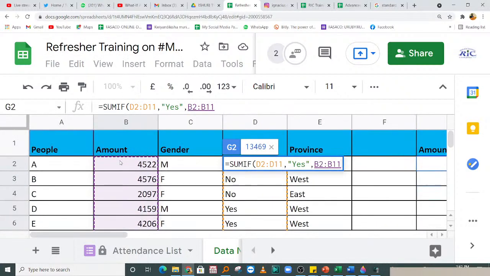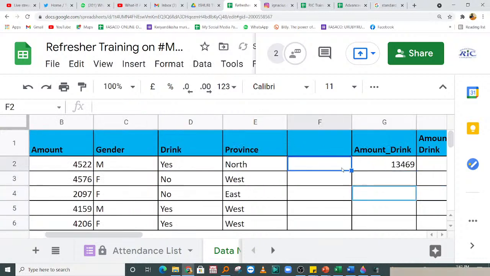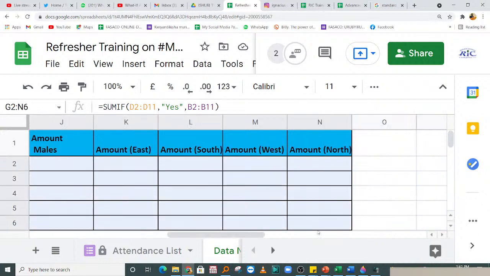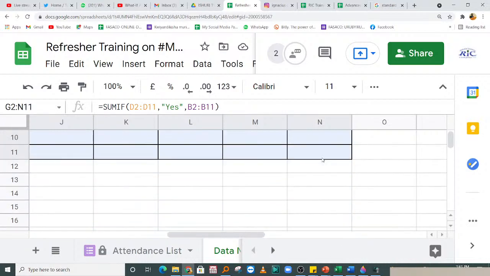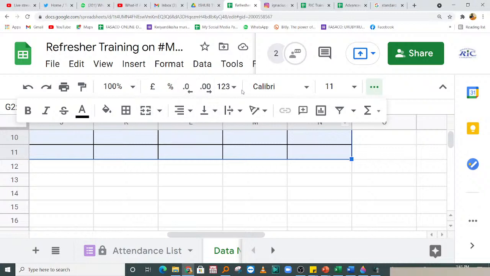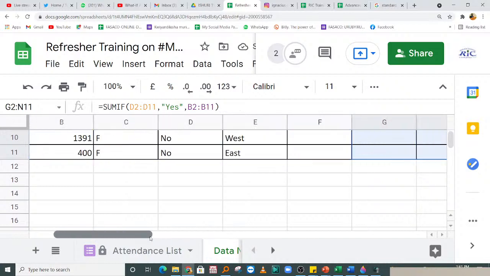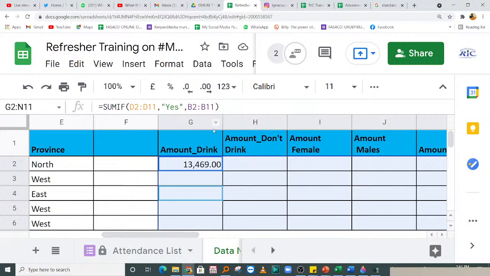Then I click here, then I close the parentheses. So the amount for people who drink is equal to 13,469. So you can calculate the remaining. I showed you the formula. It is very easy like that, okay. So that is what we call the SUMIF function.